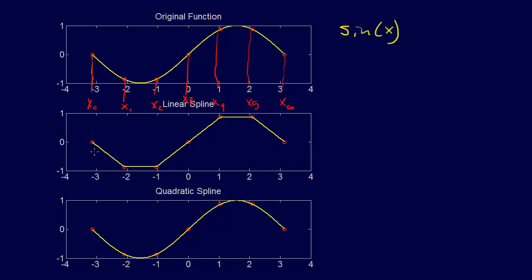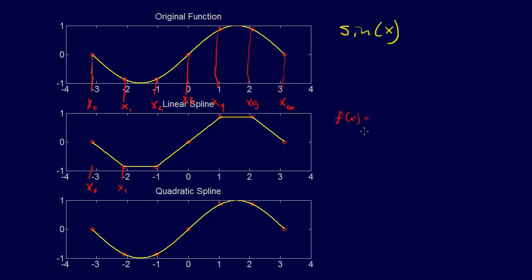Now let's look into a little more what it takes to make a linear spline. To make a linear spline, it's simple. Between x0 and x1, we do linear interpolation. So we'll have some function, and it'll be piecewise.